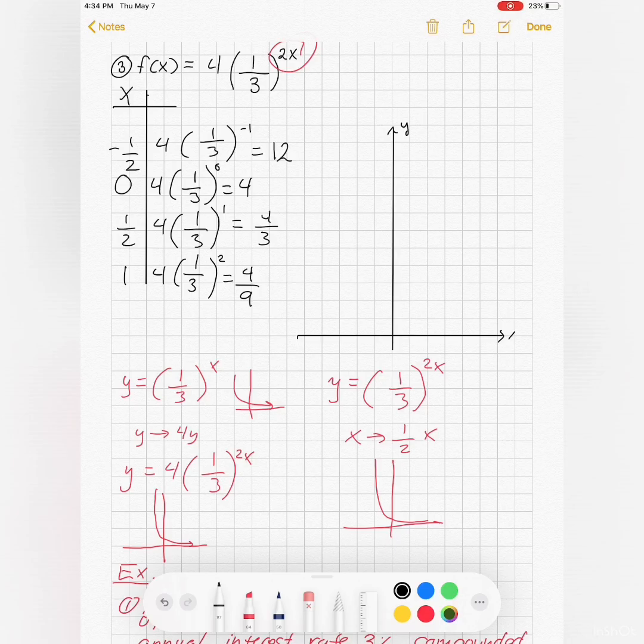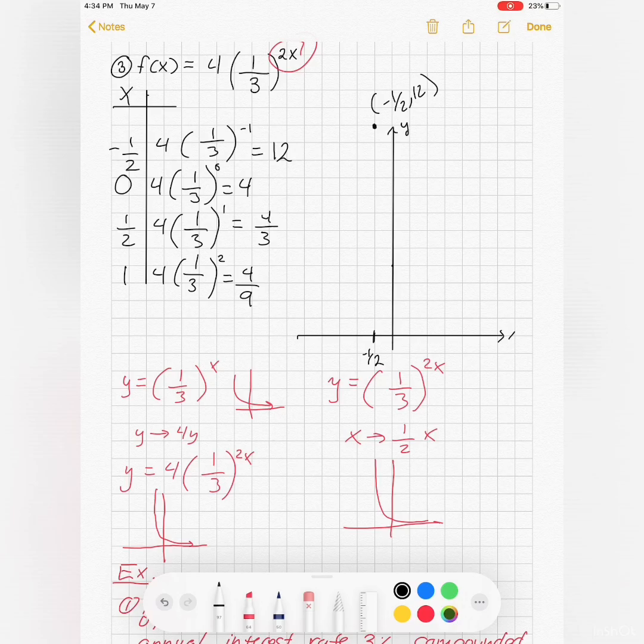4 times 3, 12. So you see, this one's really steep. 2, 4, 6, 8, 10. I'm going to do this for the scale. I'm going to make this -1/2. I'll label this -1/2, 12.